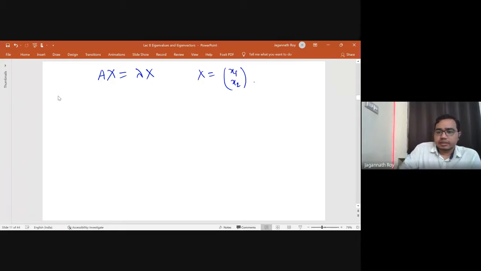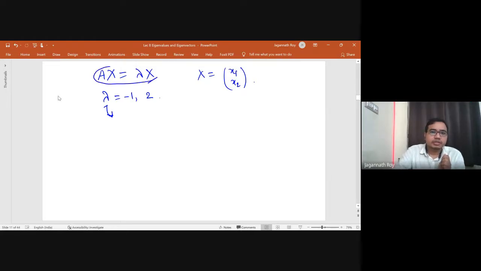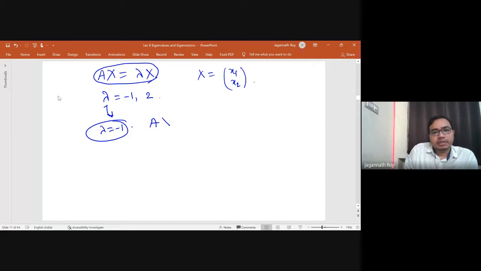Now we have lambda equals minus 1 and 2. Lambda is called an eigenvalue corresponding to the vector x if it satisfies this equation. So for lambda equals minus 1, the equation will become Ax equals minus 1 into x.